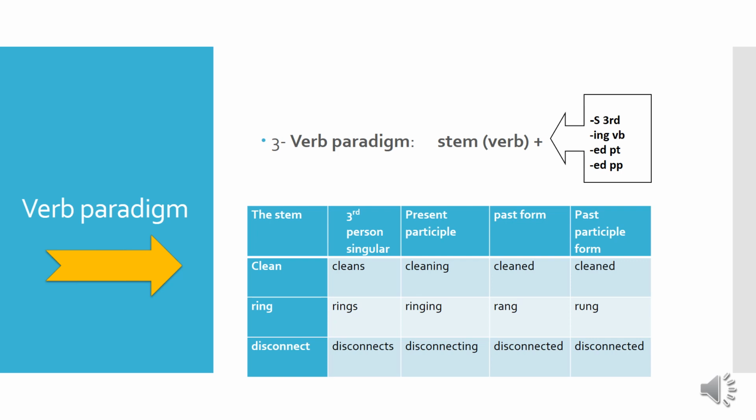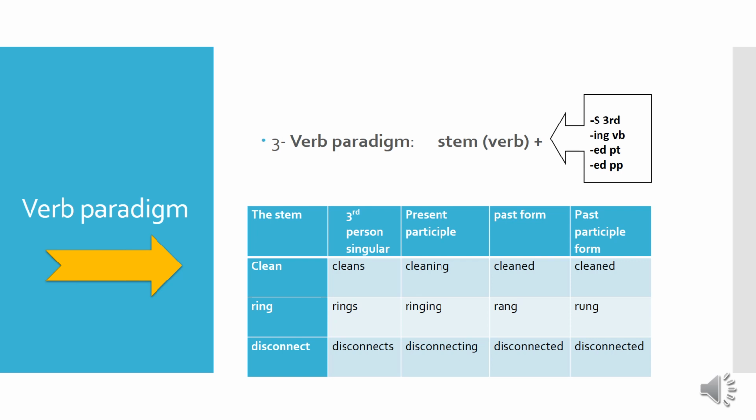We add the ing verb. In the past form, we add the ed past to have cleaned. And in the past participle, we have cleaned. We just add the ed past participle. So we have clean, cleans, cleaning, cleaned, and cleaned. And this is the verb paradigm of the verb clean.